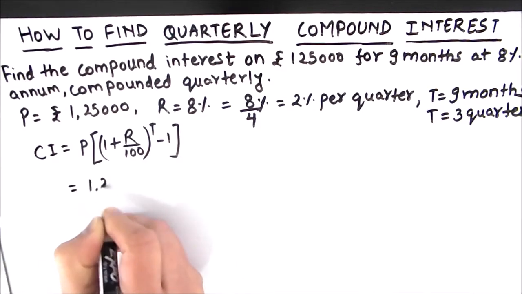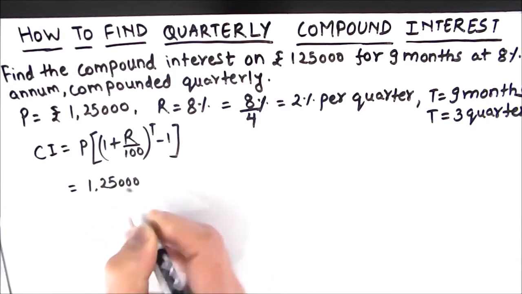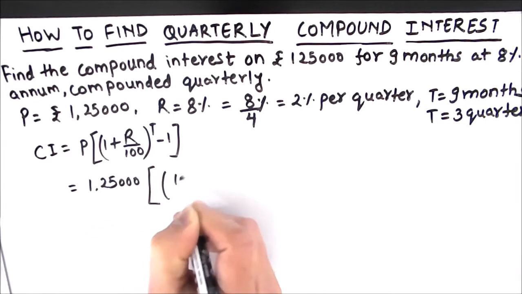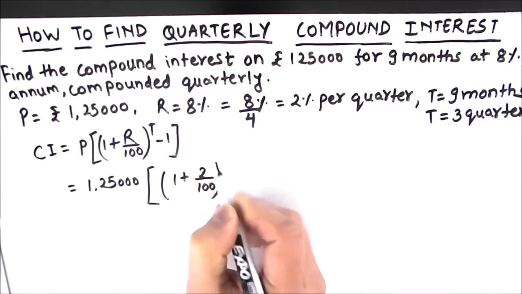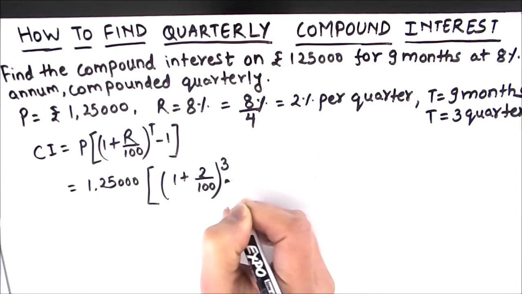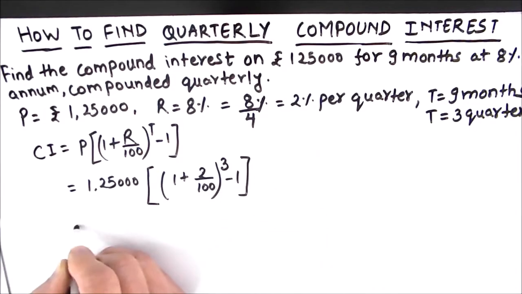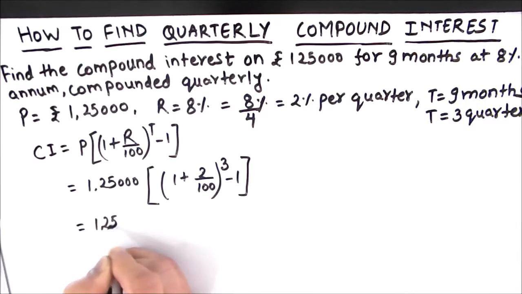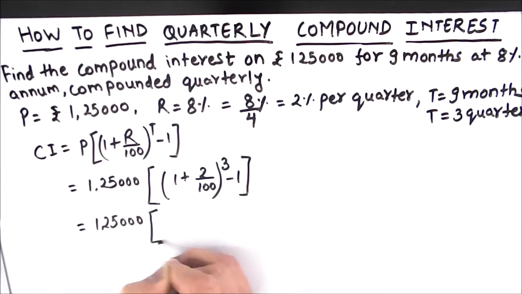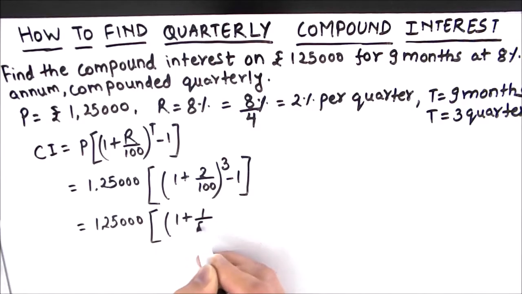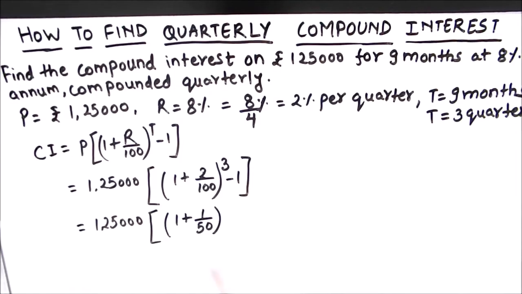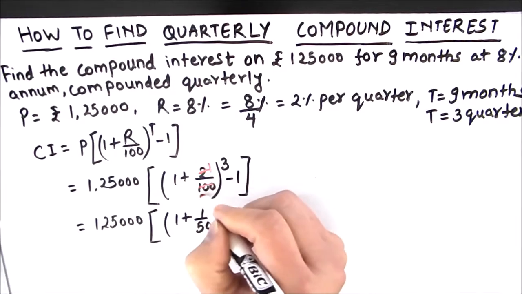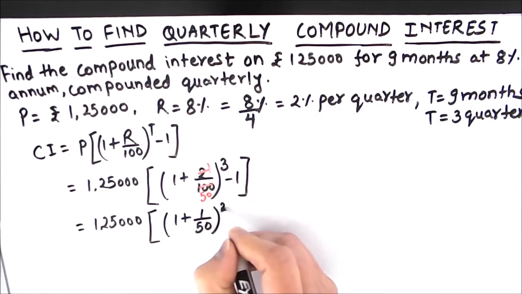So principal amount is 1,25,000 times (1 plus R is 2% divided by 100) whole raised to power T is 3 quarters, minus 1. So this is 1,25,000 times (1 plus 1 divided by 50, because 2 upon 100 can be reduced to 1 upon 50, 2 times 1 is 2 and 2 times 50 is 100) whole cube, minus 1.